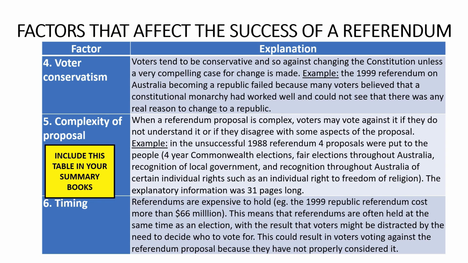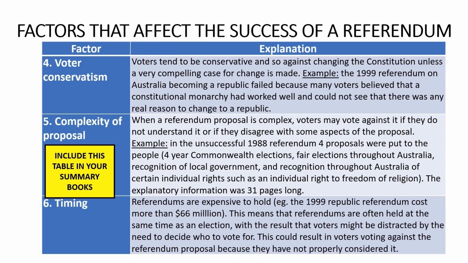The fifth factor that can affect the success of a referendum is the complexity of the referendum proposal. Where the referendum proposal is complex, voters may vote against it because they don't understand it or because they disagree with just some aspects of the referendum proposal. I've already mentioned the 1988 referendum, which proposed that the Constitution should be changed to directly give to individuals a right to freedom of religion.